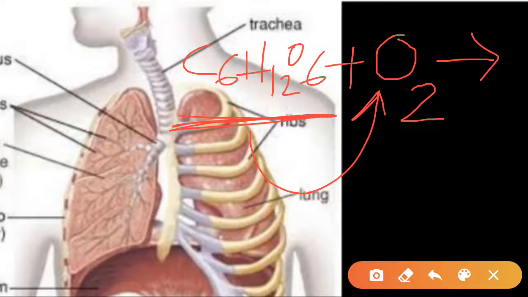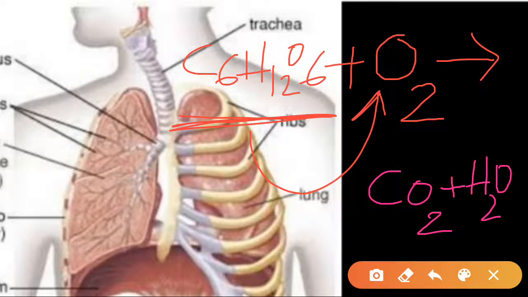So what are they? The first one is carbon dioxide, and the next one is moisture or water vapor, H2O, and also heat is released.